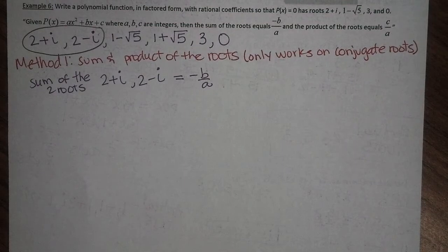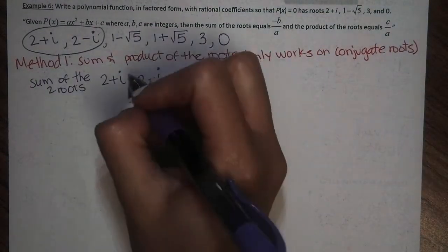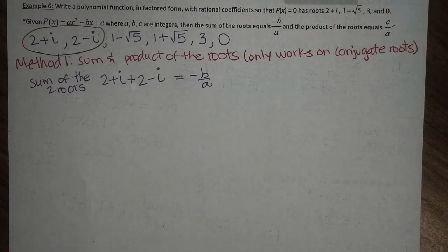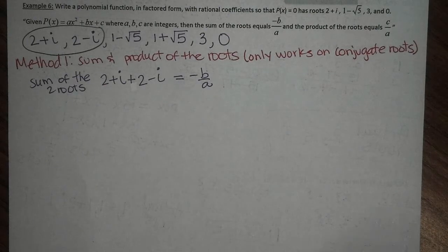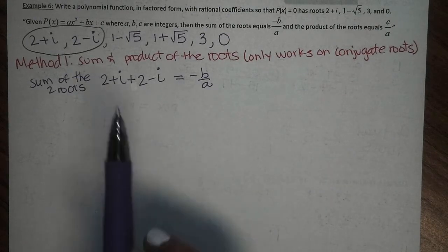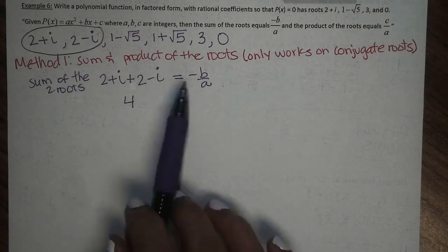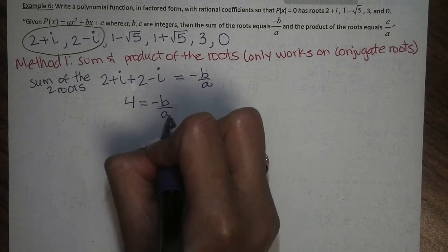So let's go ahead and add 2 plus i plus 2 minus i and simplify that so we can set it equal to negative b over a. 2 plus 2 is 4, i plus negative i cancels, that equals negative b over a.